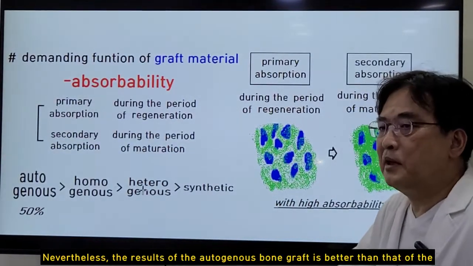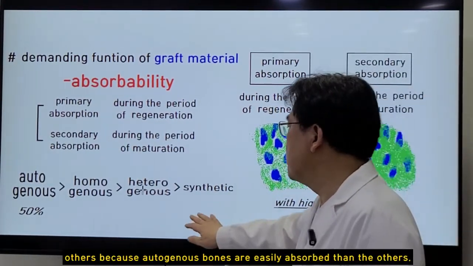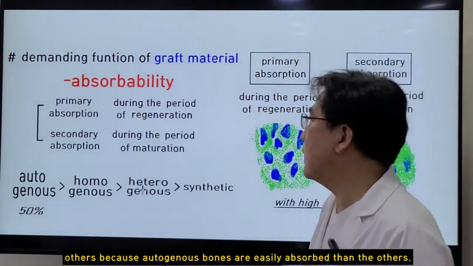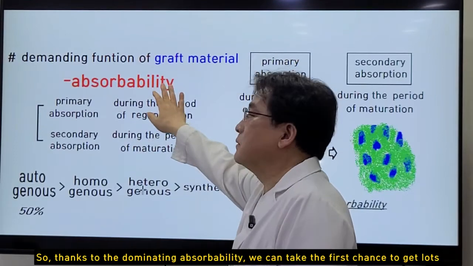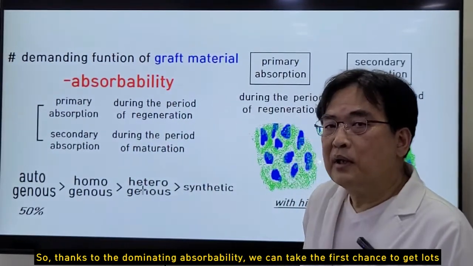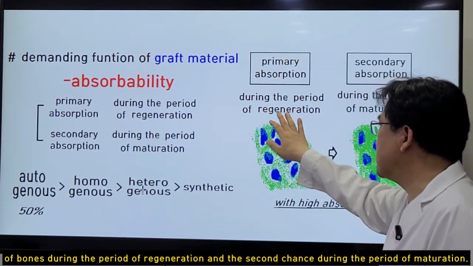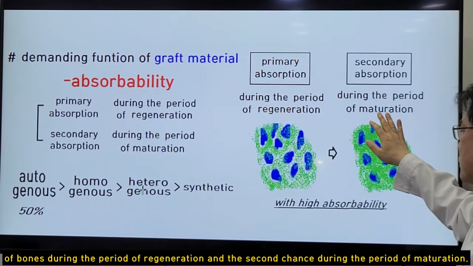Nevertheless, the results of autogenous bone graft are better than those of others because autogenous bones are more easily absorbed than the others. So, thanks to dominating absorbability, we can take the first chance, get lots of bone during the period of regeneration, and the second chance during the period of maturation.